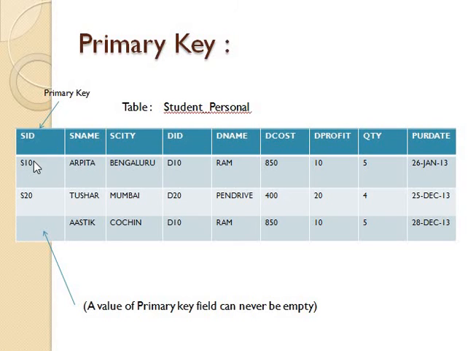The first two entries are filled with SIDs as S10 and S20, but the third entry appears to be blank. Now the question is, is this acceptable?